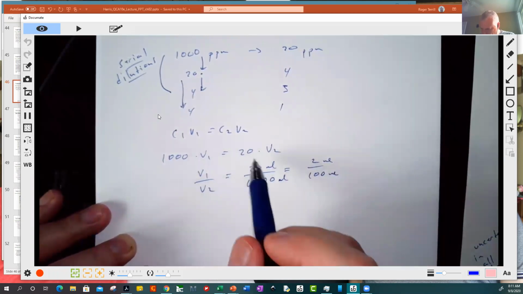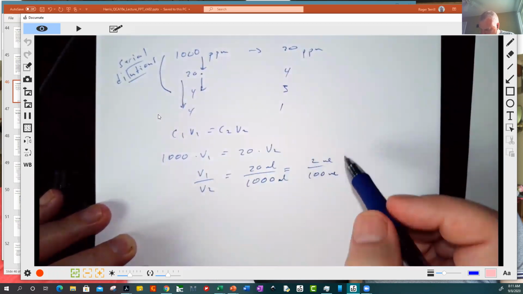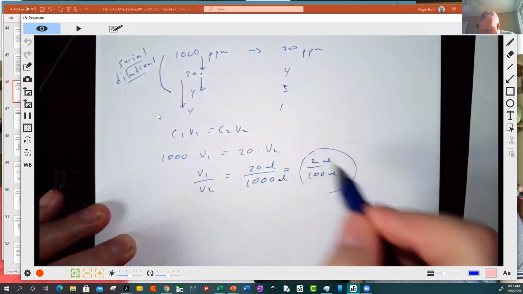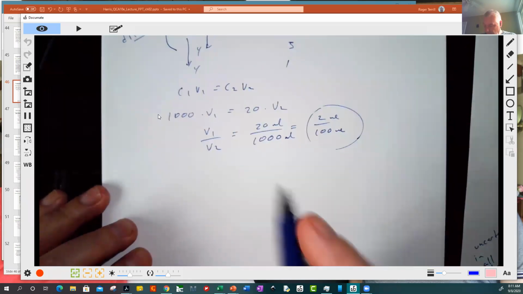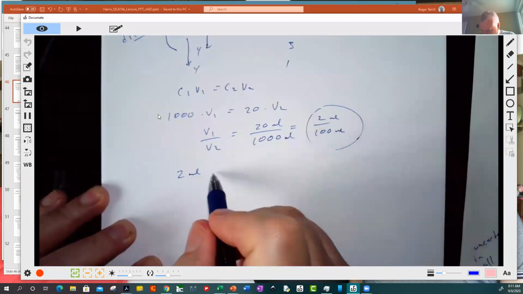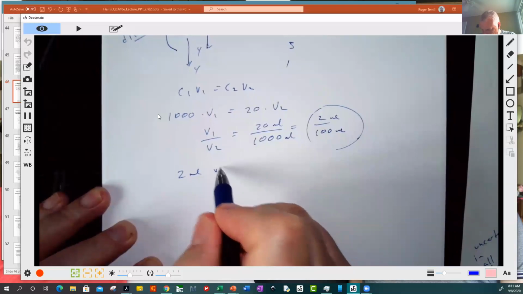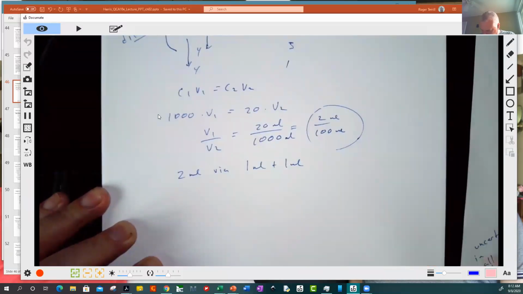I think I have a mistake in my notes. So we'll go from 1,000 to 20. That's a 100-fold dilution. So yeah, this would be 2 mLs to 100 mLs, and we can accomplish this 2 mLs via 1 mL plus 1 mL.